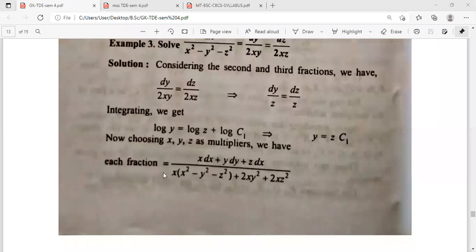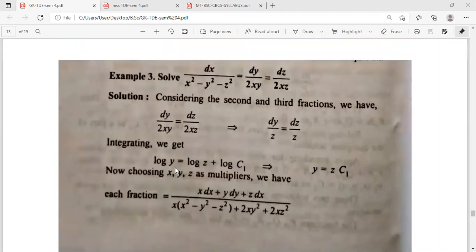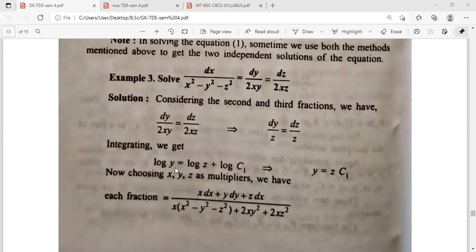You write each fraction equal to: multiply the numerator with x, and the same with the denominator, plus y dy plus z dz. It's not dx, this is dz. Whatever you multiplied here with x, you have to multiply the denominator with x as well.